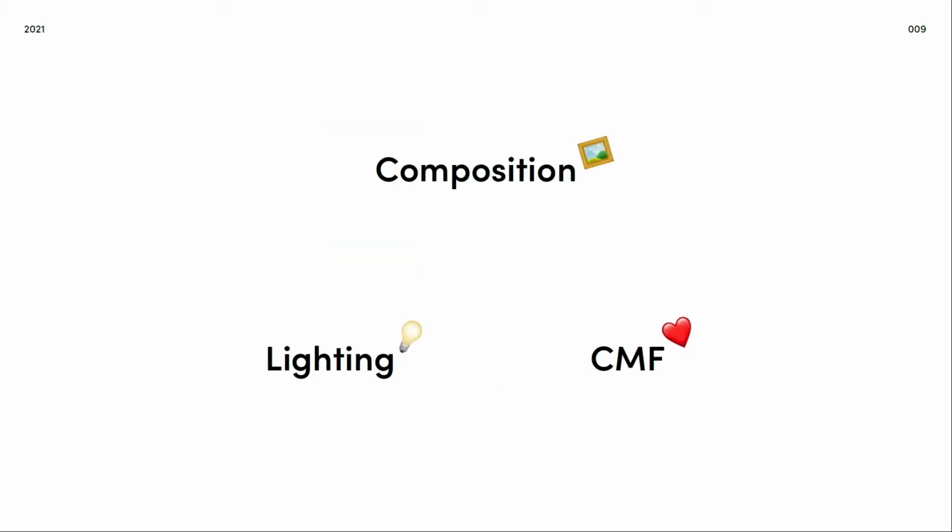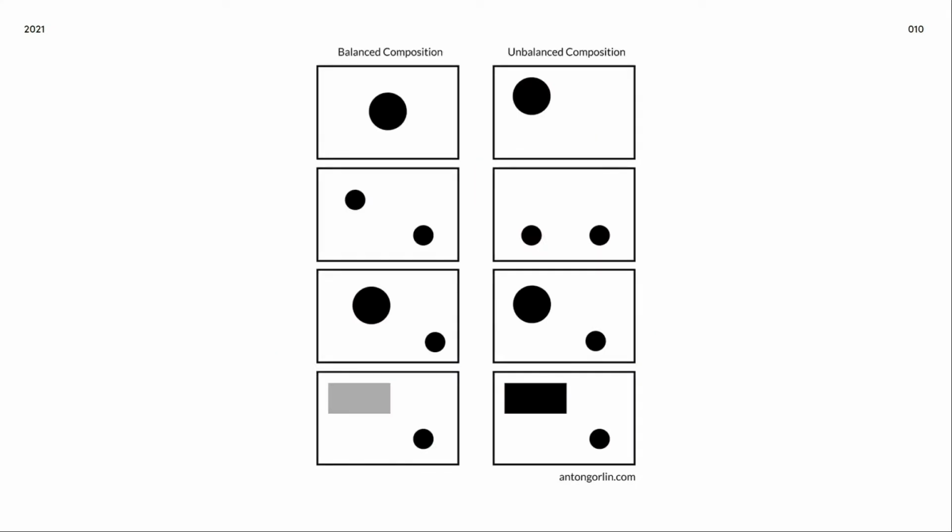And so much like product photography, I think composition, lighting and CMF are three of the most important parts of a render, because they all work harmoniously together to create a really aesthetically pleasing image that draws people's attention. Understanding composition is pretty easy. It's not a time consuming task. It's just one of those skills you pick up as you go along.